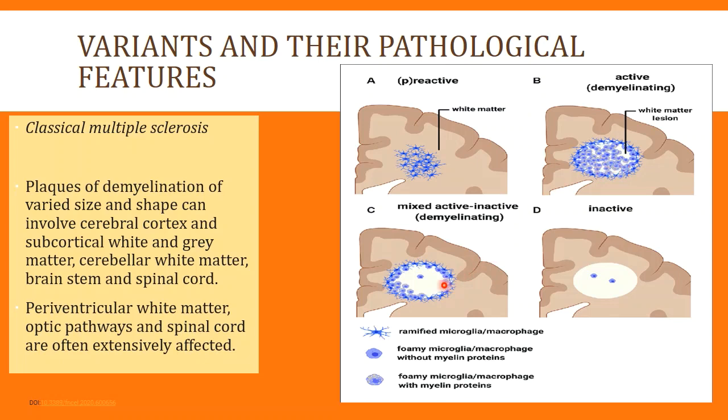When it does not have any myelin, the plaque is said to be inactive. However, when there is myelin within these macrophages, it results in characteristic demyelination of that area, and this plaque therefore becomes an active demyelinating plaque.